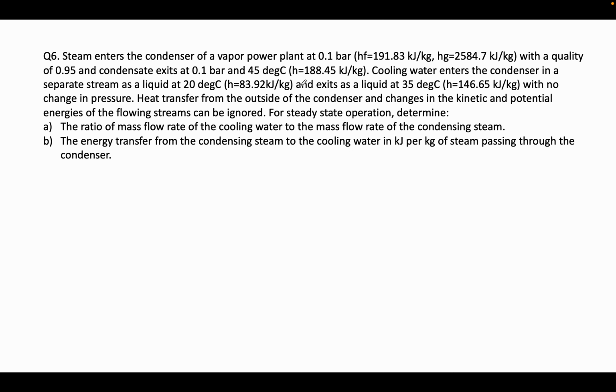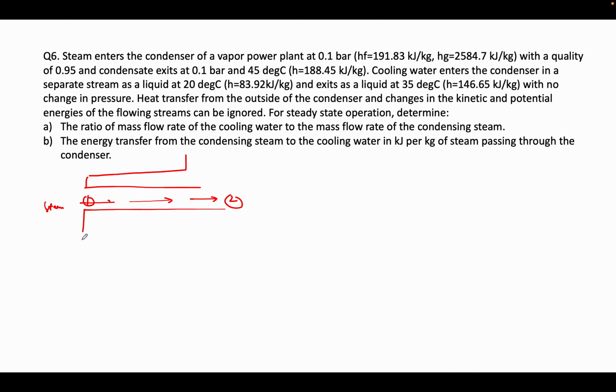Now we have to first draw the figure. This is basically a heat exchanger, where on this side steam is flowing. This is the state of steam, that is my 1, and steam going out at state 2, and then there is some cooling agent, in this case it is water.